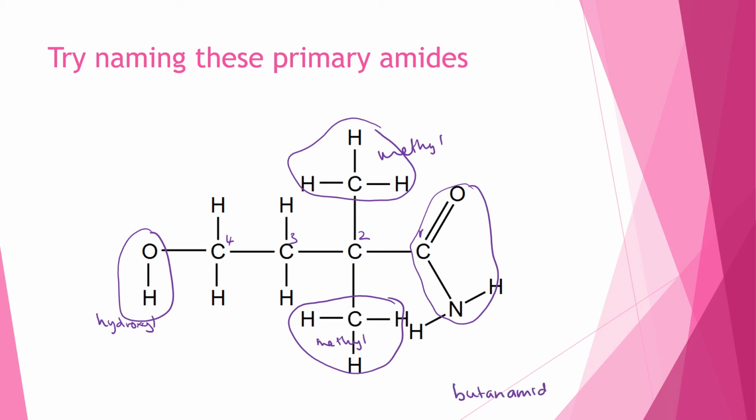You don't have to number the amide group, it's always number 1. And we have 2 methyls, so it becomes dimethyl, and they are on carbon number 2 and 2. And we have a hydroxy group, which is on carbon number 4. 4-hydroxy-2,2-dimethylbutanamide.